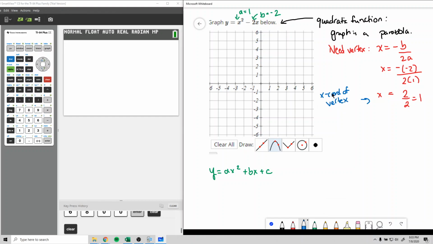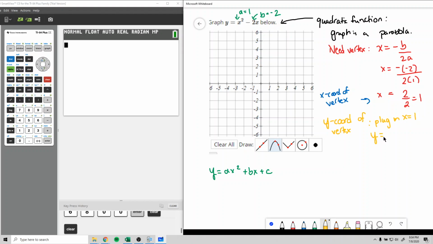And in order to plot the vertex, because we are trying to graph this, we also need the y coordinate. Since we know the x coordinate of the vertex, to get the y coordinate we just plug the x coordinate in. So we plug in x equals positive 1.